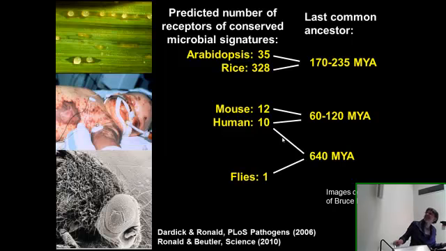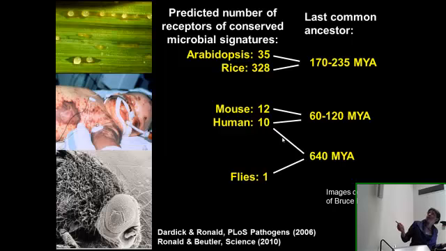These are slides courtesy of Bruce Beutler, and you can see that we have now these very interesting receptors. One point I would like to make is that mouse has about 12 of these, human 10, flies 1. But look at plants.